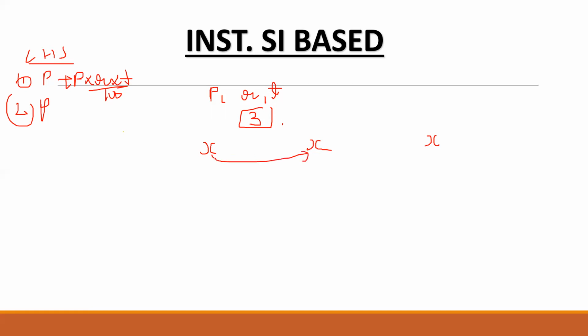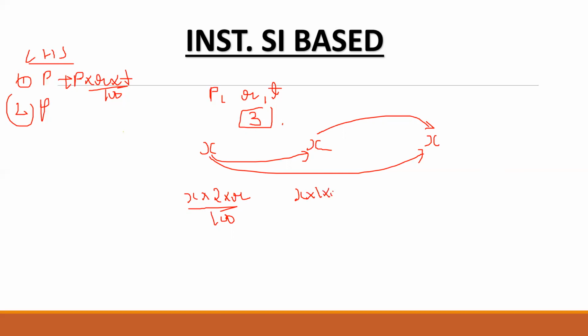So this will result in X into 2, number of years is 2, and whatever the given rate of interest R divided by 100. And this second one will have interest on just one year. So this will result in X into 1 into R by 100. And this last one has nothing in front of it, so this will be 0.